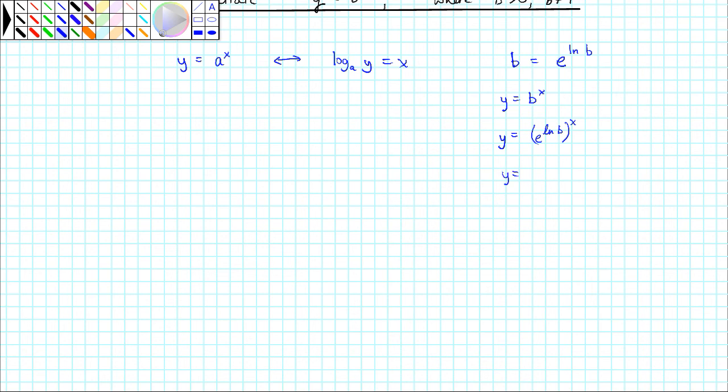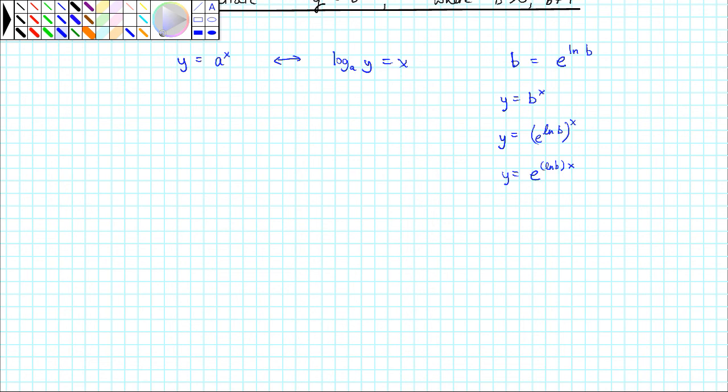Raising one power to the other multiplies those powers, so this is y equals e to the power of ln of b times x. The natural log of b is just a number at this point, so that's a constant. So we have a composite function: exponential base e with a constant times x.